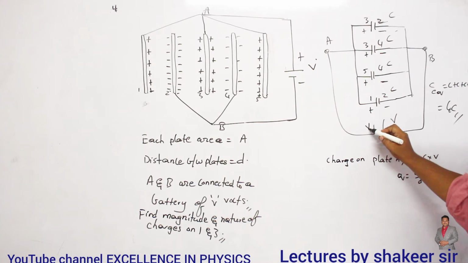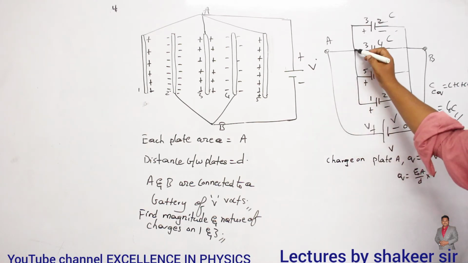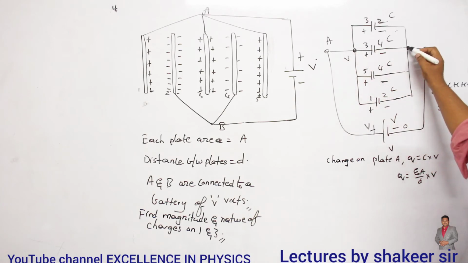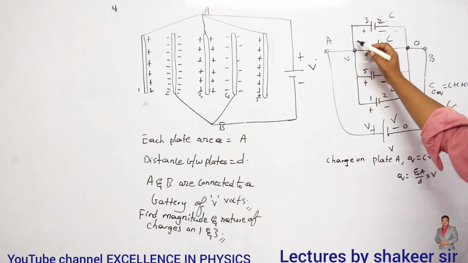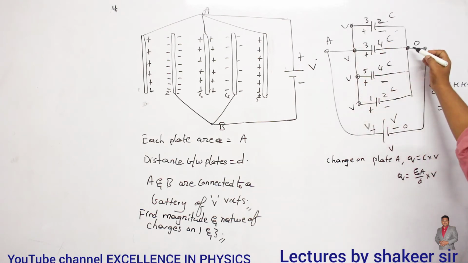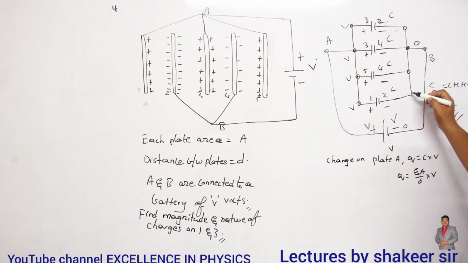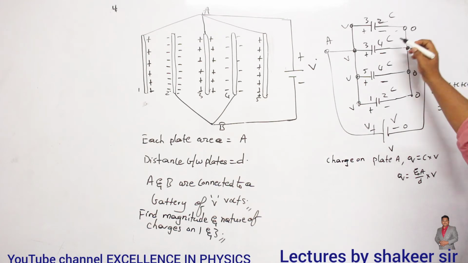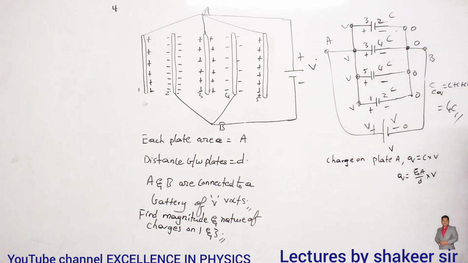Because this is at a higher potential of V, this is at a lower potential of 0. For example, if I assume like this, then here also potential is V, here also potential is 0. So here if potential is V, here and here, everywhere potential will be V only. If this is 0, this is also 0, this is also 0, this is also 0. Clear? It means every capacitor is connected to the same potential if they are connected in parallel connection.